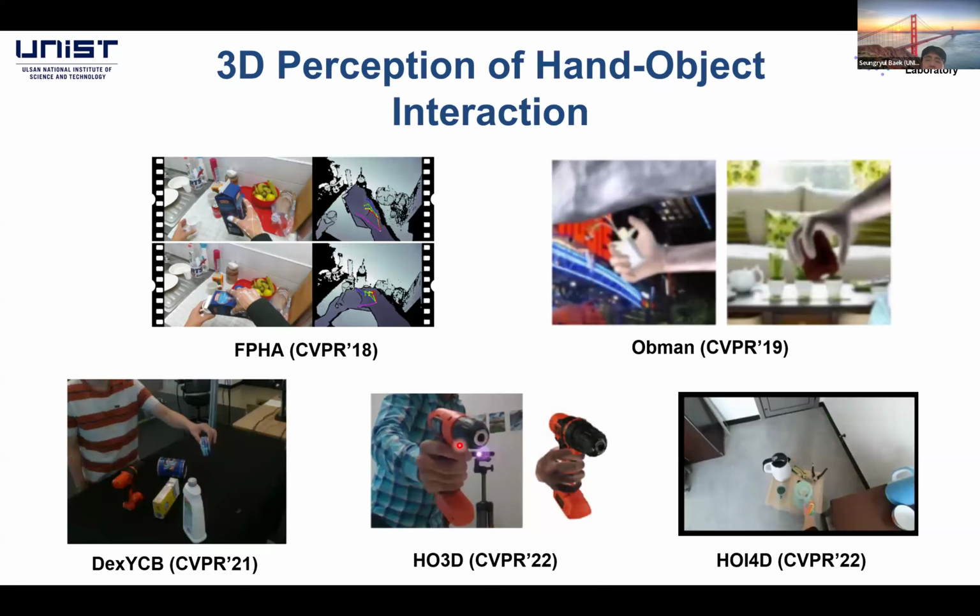So later, in the early 2020s, people are dealing with a more advanced scenario for hand pose estimation that has hand-object interactions. So the challenge here is that when interacting with an object, hands are occluded by the object. Okay, they introduce some occlusions.